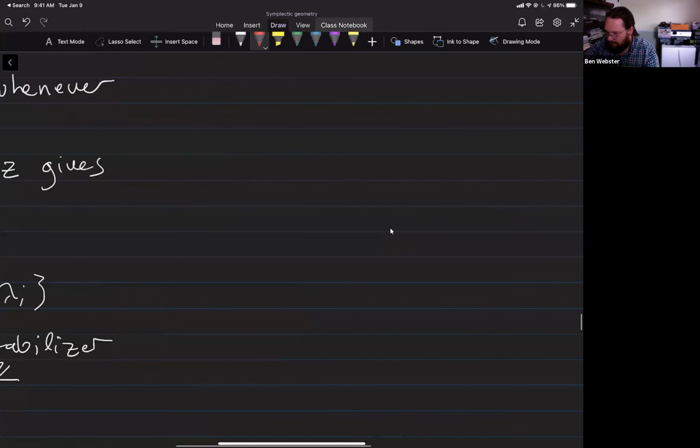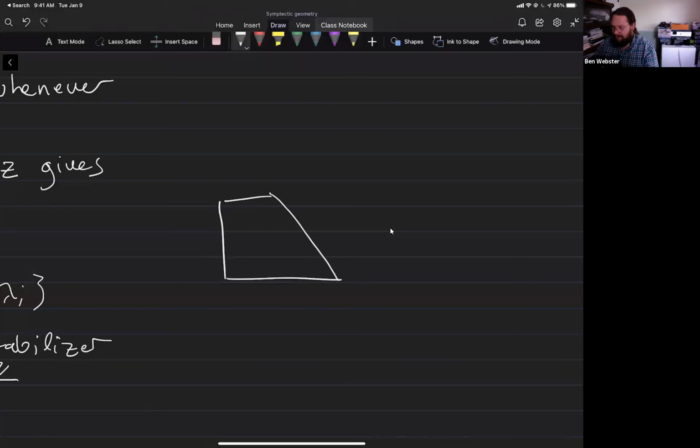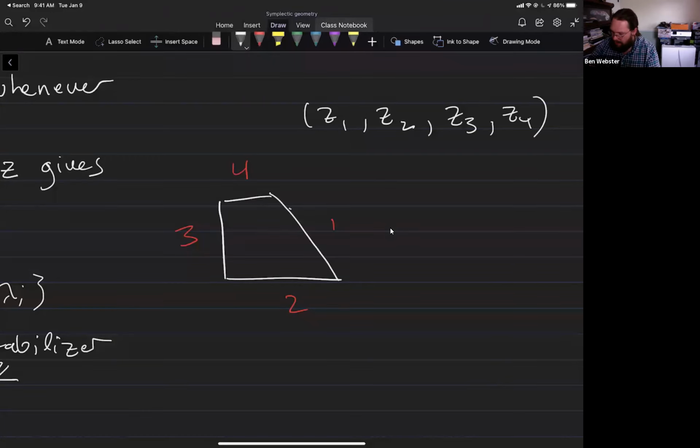So for example, let's do a slightly more non-trivial example. I have 4 hyperplanes now. I'm going to have an element of Z4, and let's number our hyperplanes 1, 2, 3, 4. So if I have a point here, this means that Z1 is equal to 0 and all the others are non-zero.